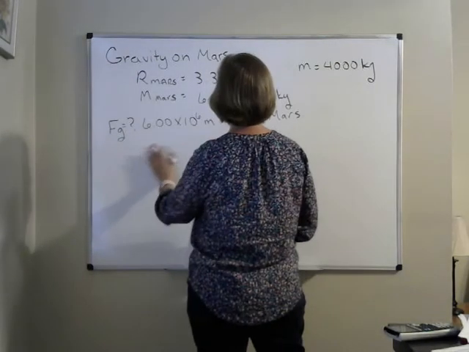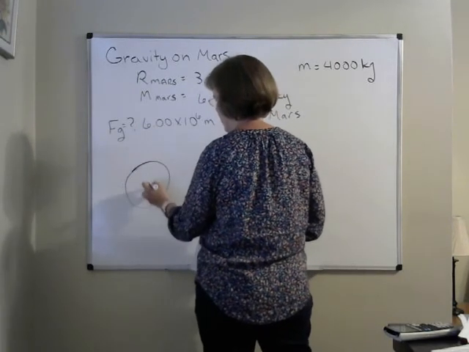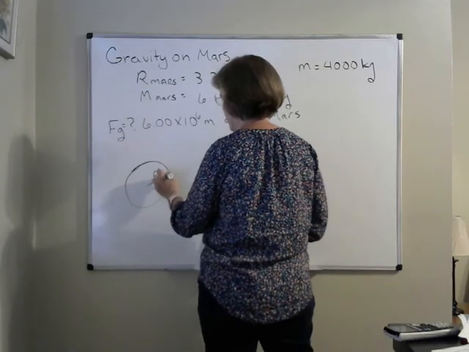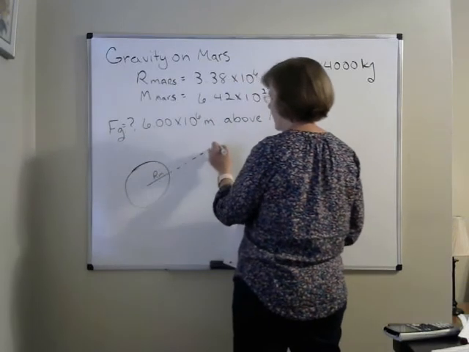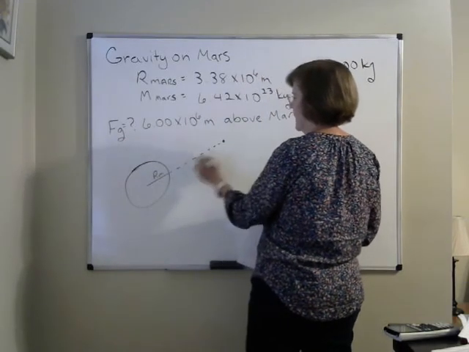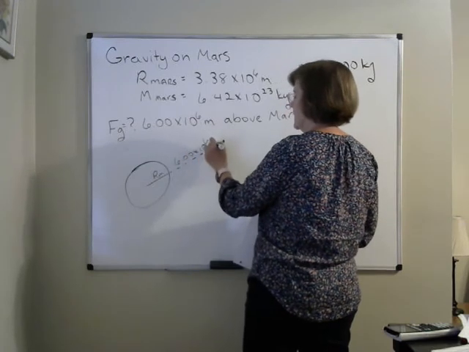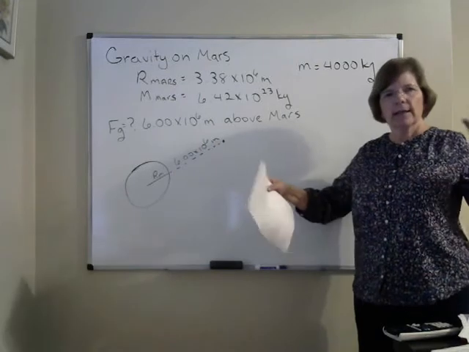So let's draw a picture. So here's Mars. That's one Mars radius. But we're not going to do it from right there. We want to come way up here and tack on an extra 6 times 10 to the 6. That's important stuff for them to know because when they get near Mars, it will be attractive.